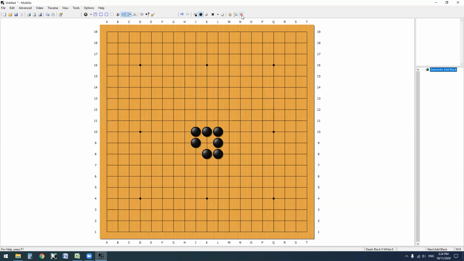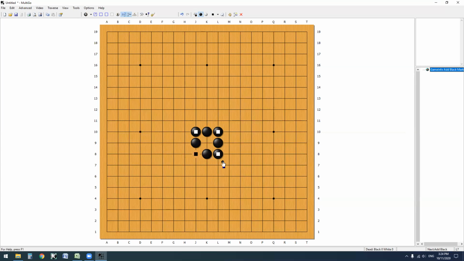So basically, we call these 4 places the shoulders of the eye, and black has to occupy at least 3 shoulders of it. Now it becomes a real eye.